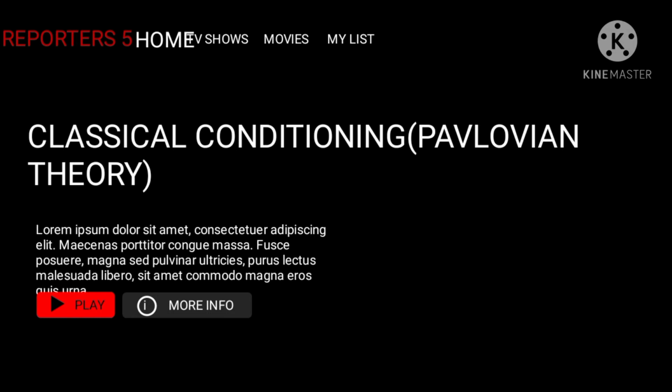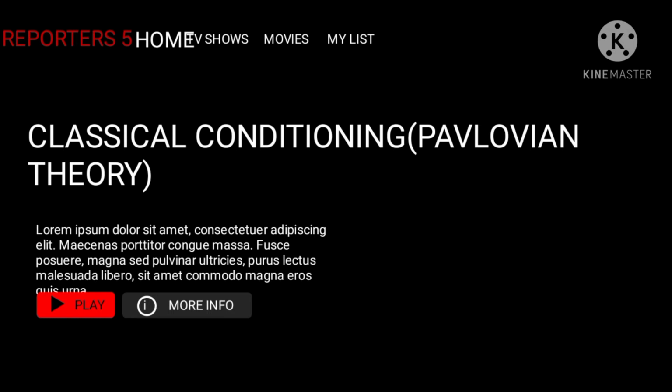Like many great scientists, Pavlovian conditioning, aka classical conditioning, was discovered accidentally. During the 1890s, a Russian physiologist, Ivan Pavlov, researching salivation in dogs in response to being fed, inserted a small tube into the cheek of each dog para ma-measure yung saliva ng aso kapag ito ay pinapakain ng meat.